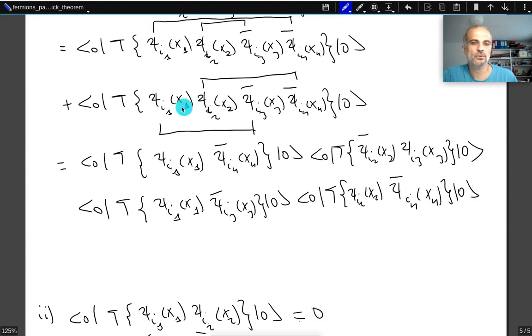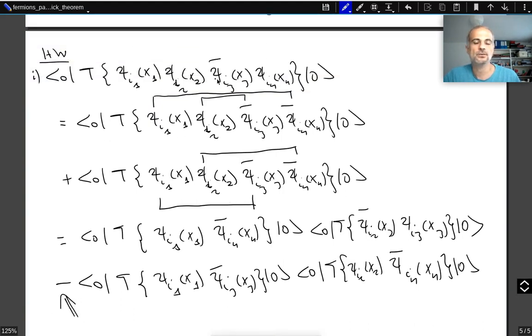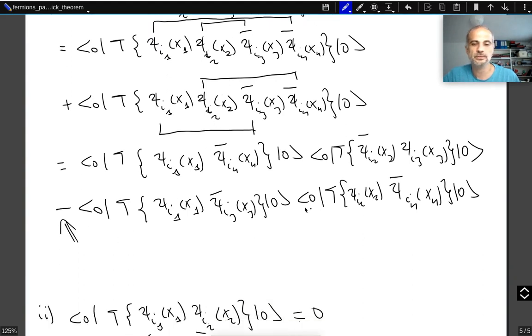To bring the ordering of these fields into the ordering that appears in this term, I first have to exchange these two operators, but that means I have to put a minus sign over here. So this is something that you need to pay attention to when you are taking the contractions. Just pay attention to the ordering. They will lead to some minus signs.